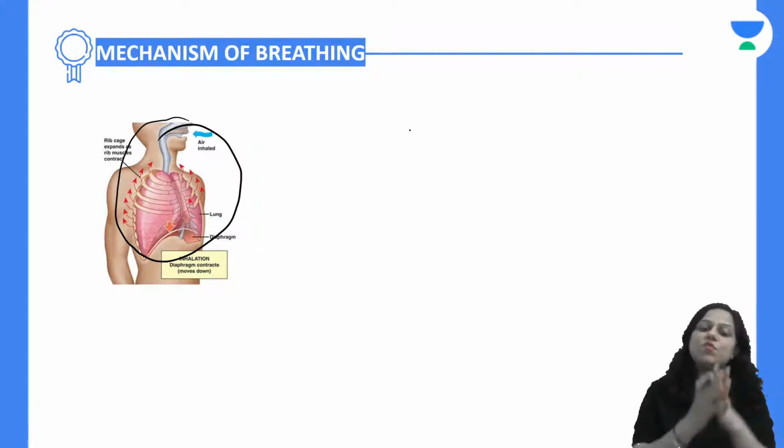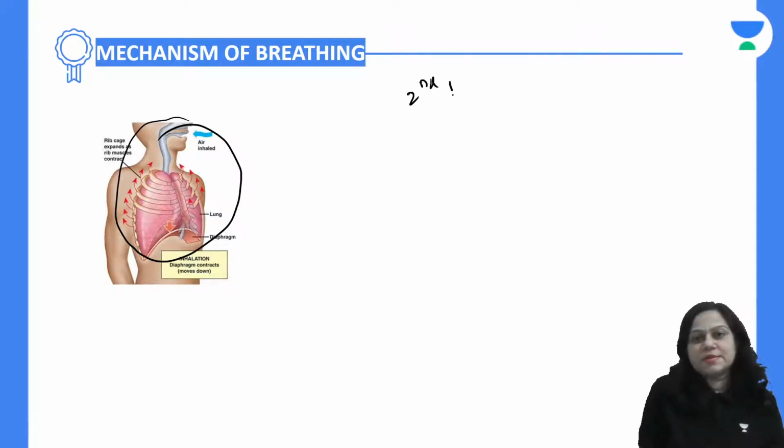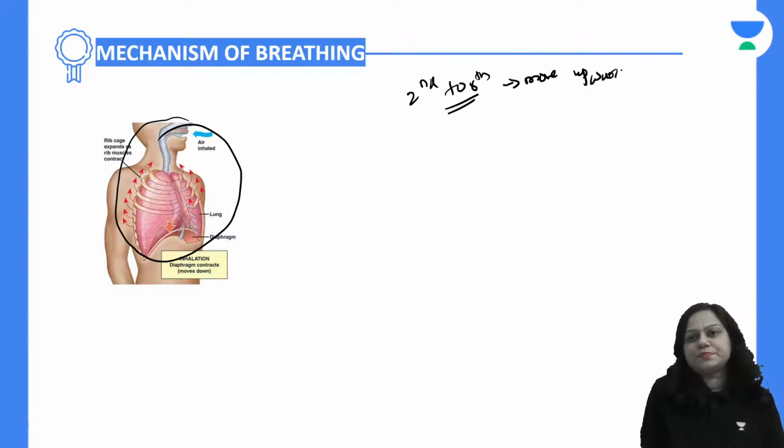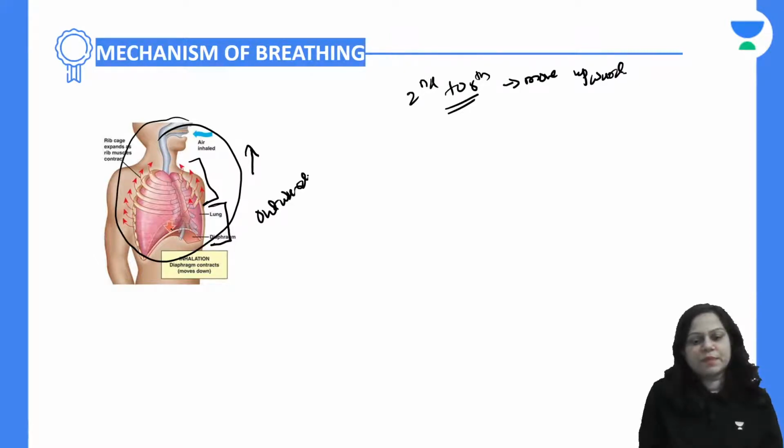When the thoracic wall expands, at that time what will happen? Second to sixth rib will move upward. Okay, second to sixth rib will move in the upward direction and lower ribs will move outwards and upwards.